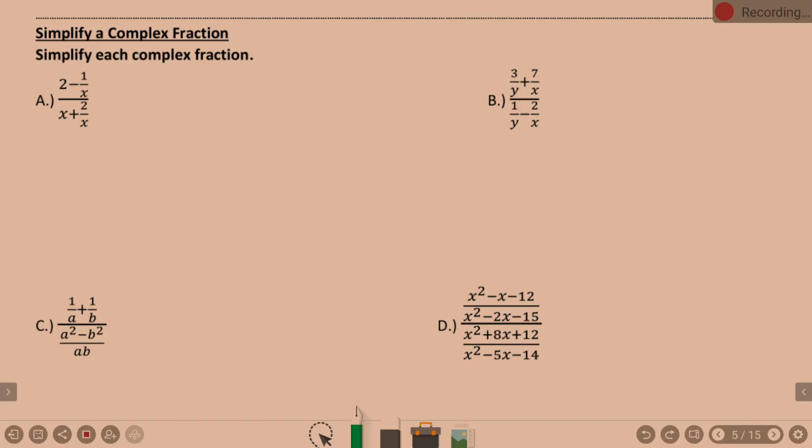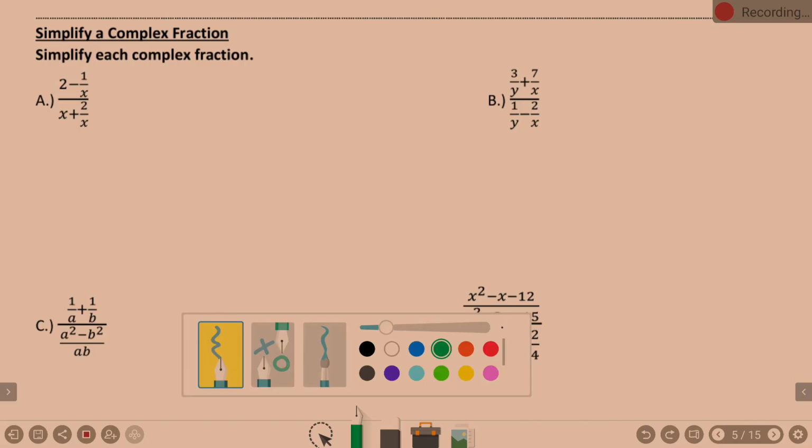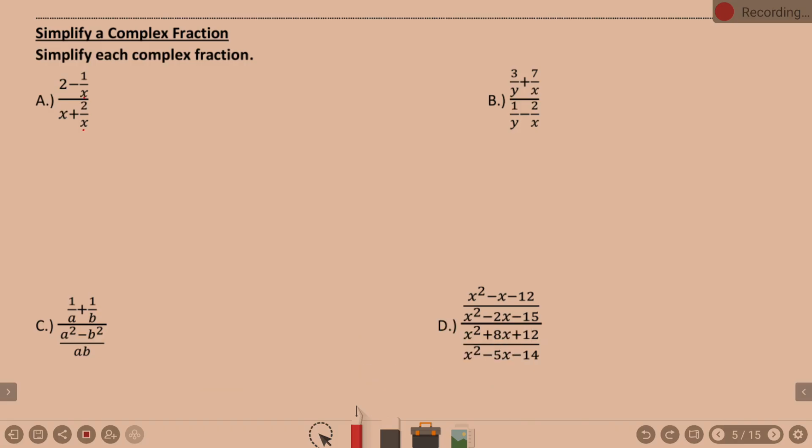Okay? But here's the deal on A. We have fractions within fractions. Do we want fractions within fractions? No. So your job is to get rid of the denominators that are within the denominators. Which means I need to get rid of what? What are my denominators I need to get rid of? An x and an x.